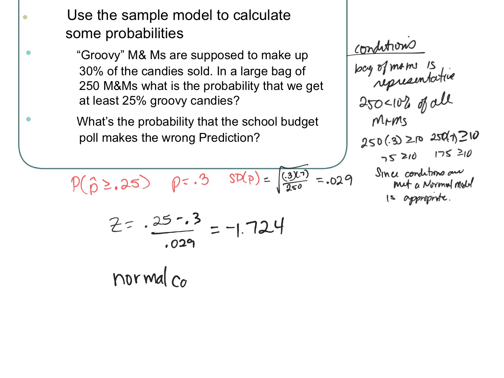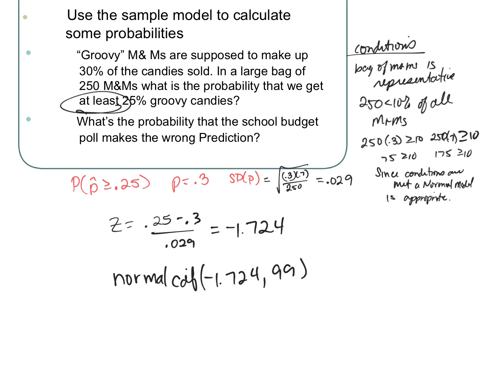I'm going to do normal CDF, negative 1.724, comma 99. My z-score is negative. Why didn't I do less than? Why didn't I do negative 99? Right. The question is at least, which means more than 25%. So what I do in normal CDF is determined by what the question asked me for.